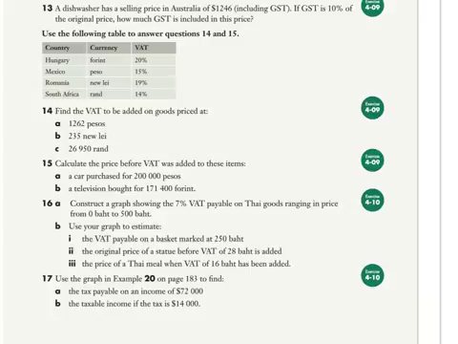Okay, a dishwasher has a selling price of $12.46, including GST, which is 10%. So what percentage did we pay for it? We paid 110%, which was equivalent to the $12.46. Now, it wants to know how much GST was included, which was the 10%. So, how do you get from 110 to 10%?